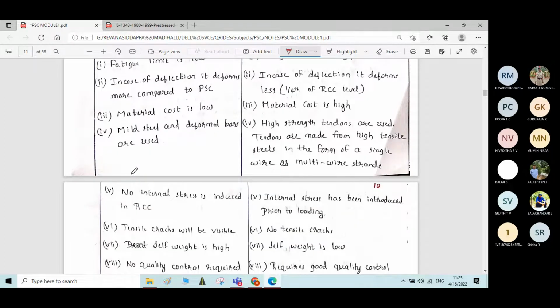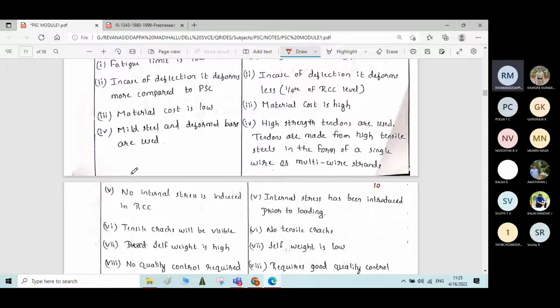Then coming to the behavior of the steel: the behavior of the reinforcement for RCC and the behavior of the tendons for PSC. Mild steel and deformed bars are used as reinforcement for RCC. For PSC, high tensile strength tendons are used. These tendons are made from high tensile steel in the form of a single wire or multi-wire strands.